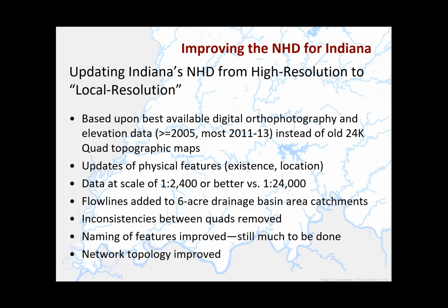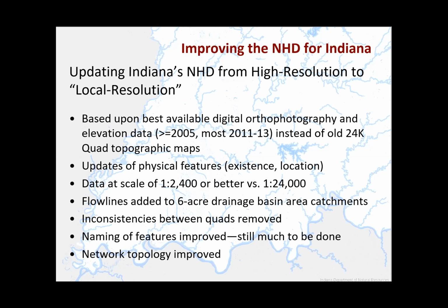But we're trying to replace the old 24K quad map blue lines NHD data. So updating those from a scale of 1 to 24,000 to a scale of 1 to 2,400. And in most cases, it's 1 to 1,200 throughout the state. We did go up to a 6-acre drainage basin limit.